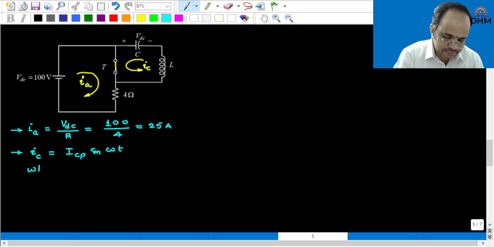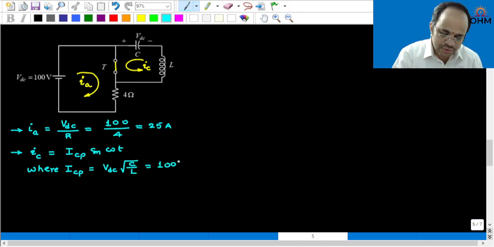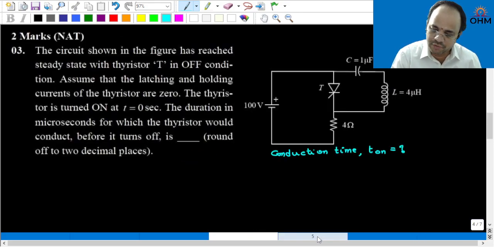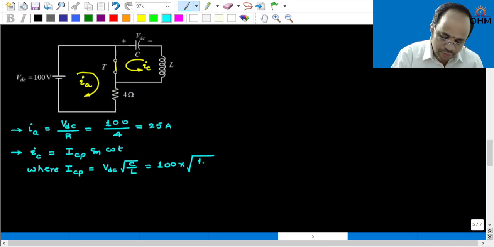Whenever the initial capacitor voltage is some voltage, let us say 100 volt, in an LC circuit, then a resonant component of current will flow, where IC peak is equal to the initial voltage across the capacitor multiplied by root of C by L. Source voltage is 100, capacitance is 1 microfarad, inductance is 4 microhenry.